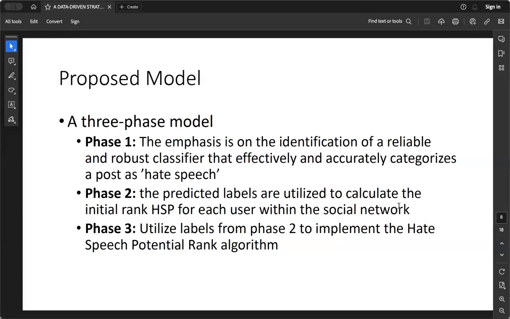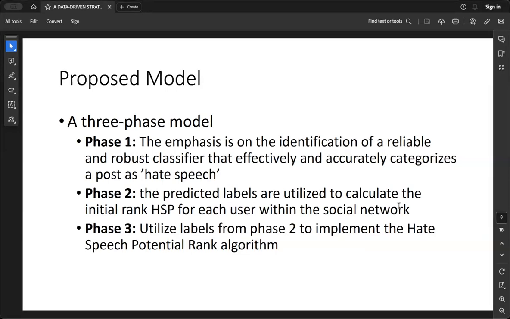What this does is it gives us the initial rank of the individual characteristic of a user, of their potential of posting something which is hate speech related. So if I am a user and I have these 10 posts that I have posted, these 10 posts are going to be fed into the classifier that comes from phase one, where each of those 10 posts are going to be labeled as hate speech or not.